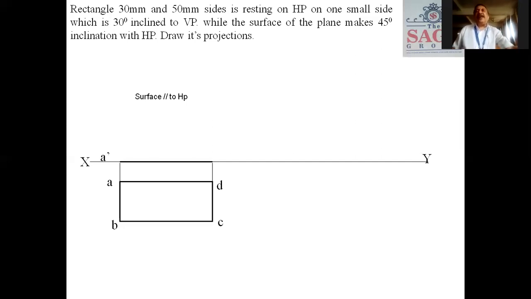Now in the next step, we incline this line or trace from XY by the given angle of 45 degrees to HP, and this is our surface inclined to HP.